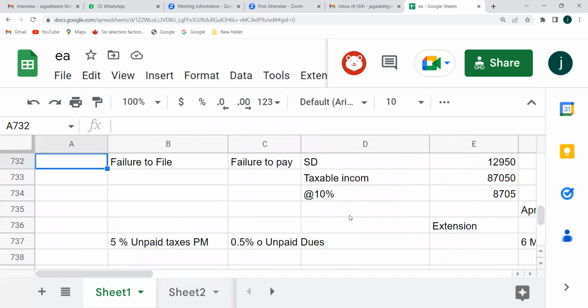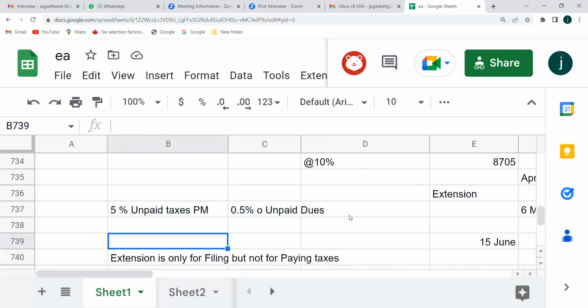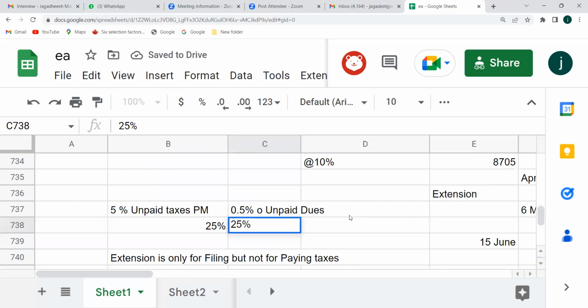Okay, so here the penalty is 5% per month on unpaid tax dues, and here the penalty is 0.5% on unpaid taxes. So these are the penalties. The maximum they can levy is 25% on unpaid dues only.